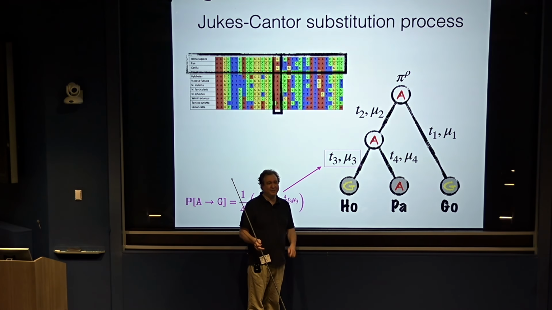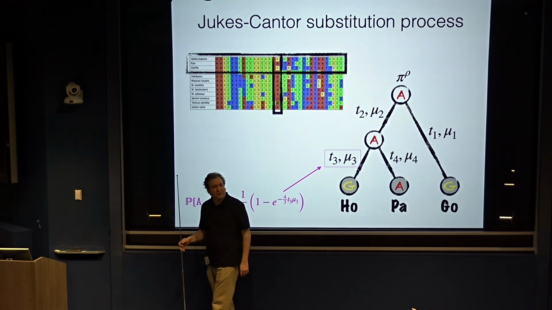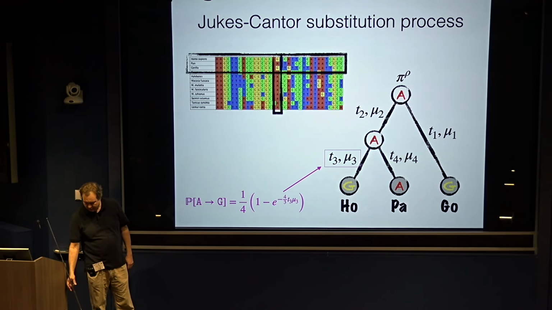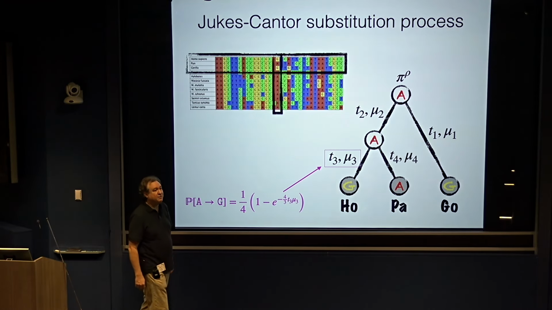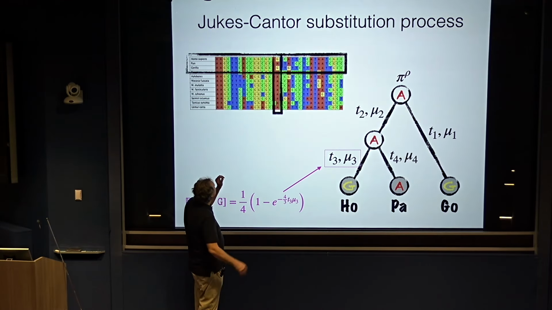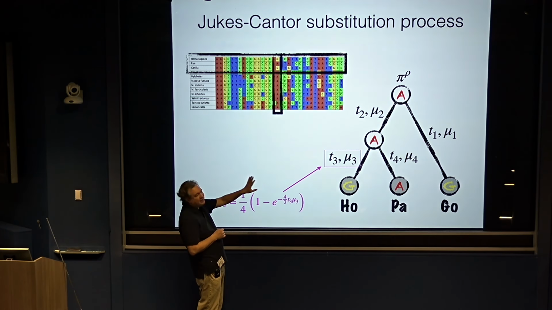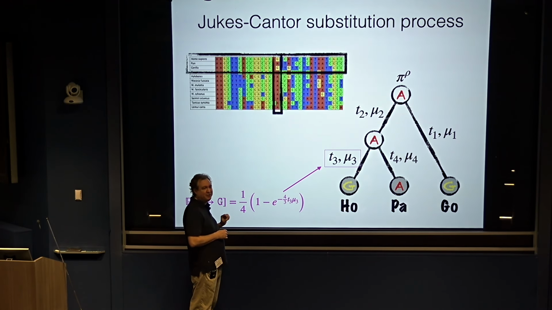Thanks. My question was, you said that each substitution is equally likely. What if some particular substitution is viable? That's right. We're sweeping under the rug that there's a lot of things going on here. In particular, selection could be playing a role. We're just imagining that most of what's going on in this genetic data is neutral, almost neutral evolution that I can model by this very simple continuous time Markov chain.